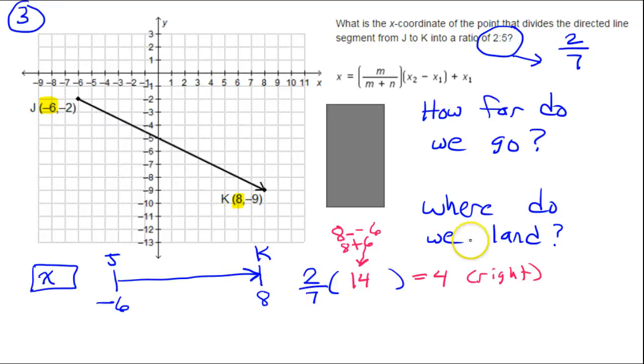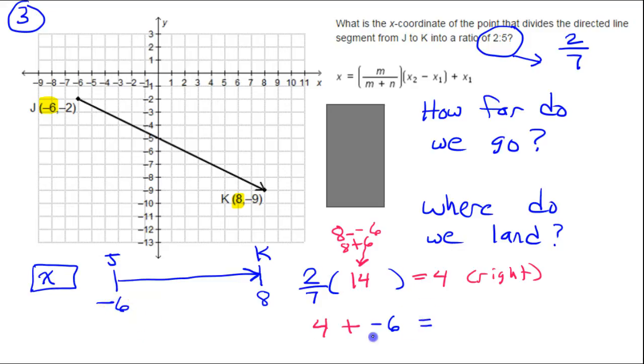Now we need to answer the second question. Where do we land? To figure out where we land, I need to take this motion of 4 and add my starting point. My starting point is negative 6, so I take my motion of 4 to the right and add it to my starting point of negative 6.